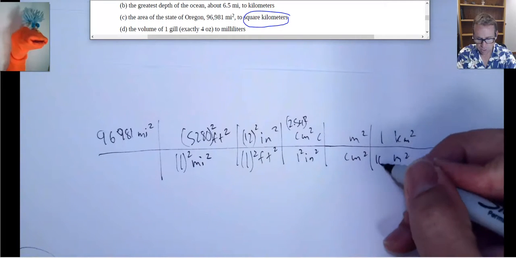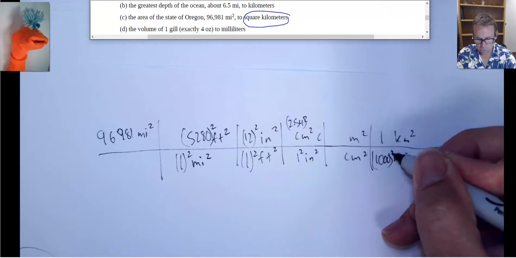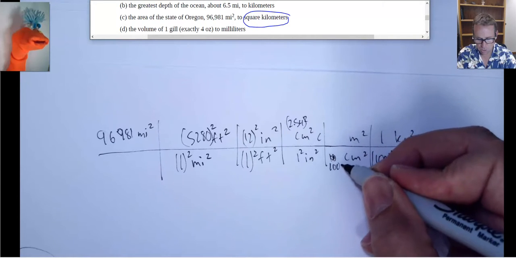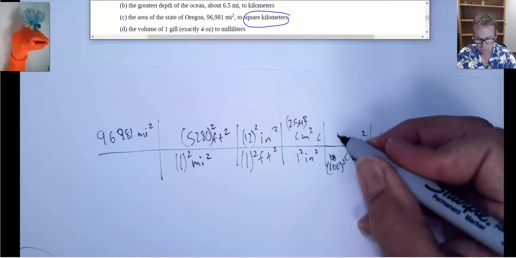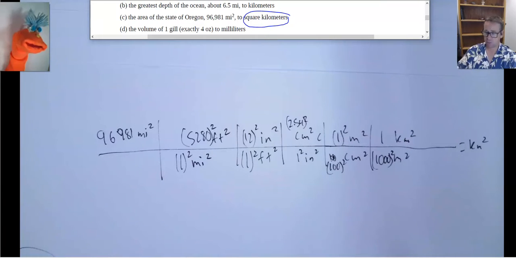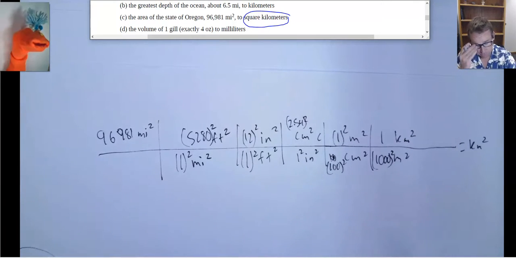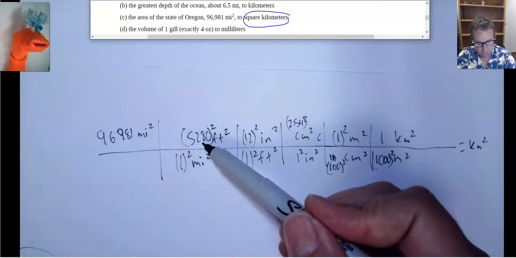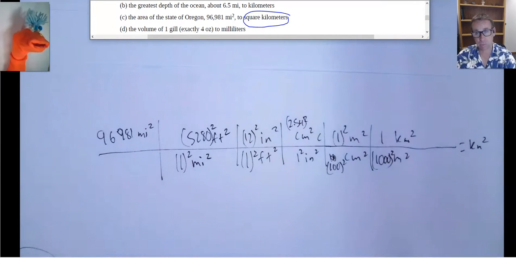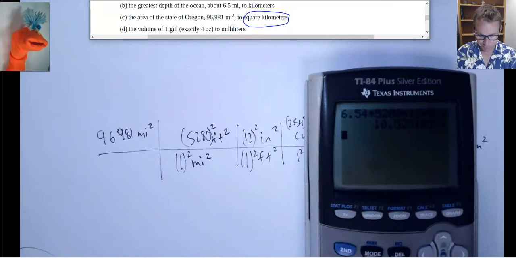So 1 kilometer, 1,000 meters squared, 100 centimeters squared is 1 meter squared. So we have to square everything like that. So it's not just 1 in the 5,280. 1 mile squared is 5,280 feet squared. So I have to square the 5,280.